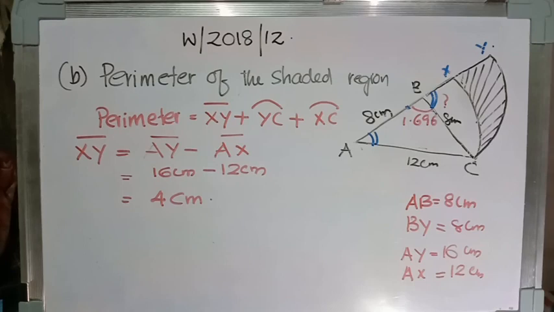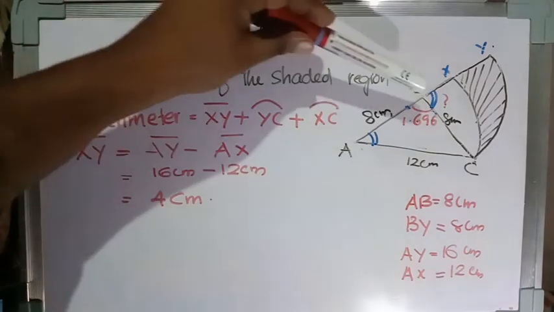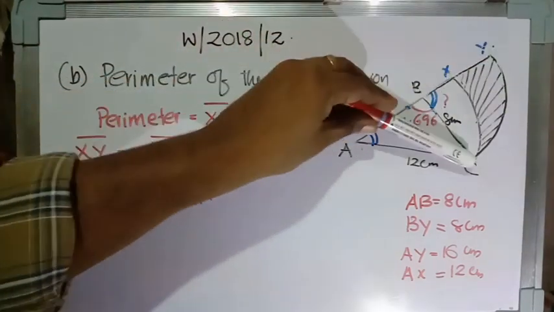Now our next task is to find the arc length YC. So to find the arc length YC, let us take the sector BYC.